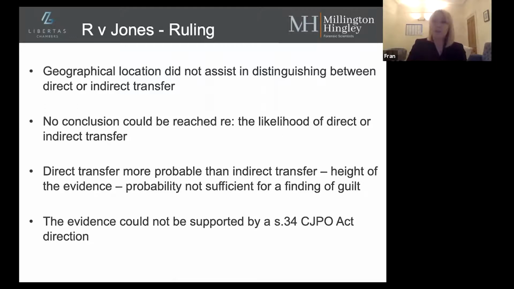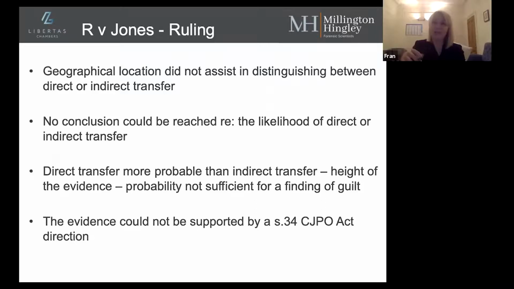The judge at first instance found that to be quite compelling evidence and hung his hat on that in dismissing the submission of no case to answer. But the Court of Appeal didn't agree with him and said it really doesn't assist here. If, for example, Mr. Jones had lived in Scotland and his DNA had been on the grenade in Warrington, then it may have meant that secondary transfer was less likely.